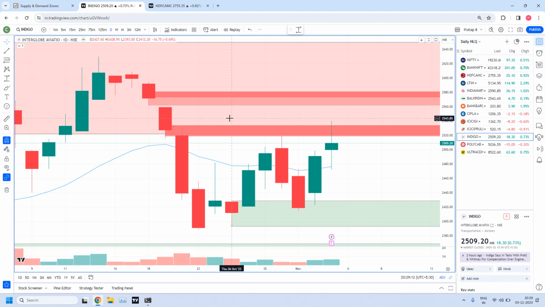So exactly we are applying that zone confluence concept, fine tuning the zones at our risk management level, and we are trading. So please understand this concept properly. Hope you understand, right?